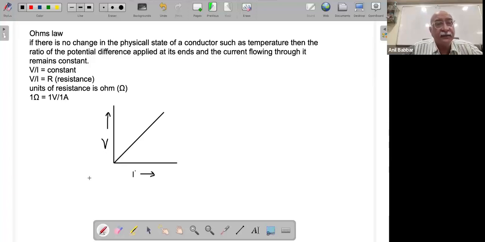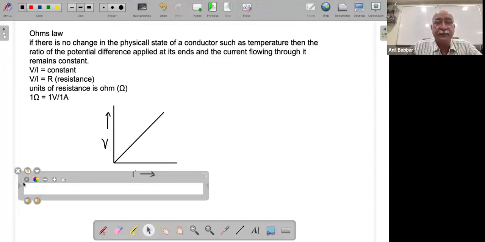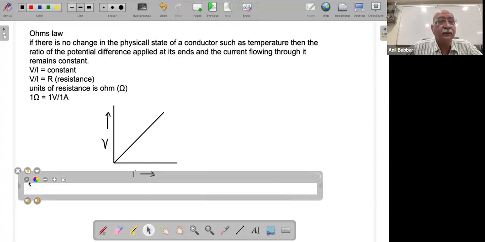So, and the reciprocal of resistance is called conductance. Right?